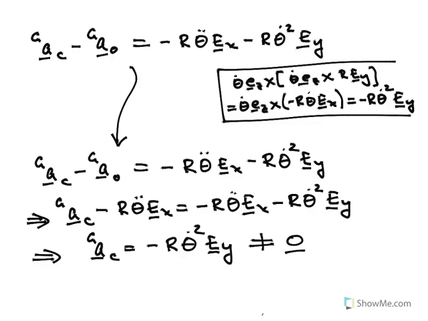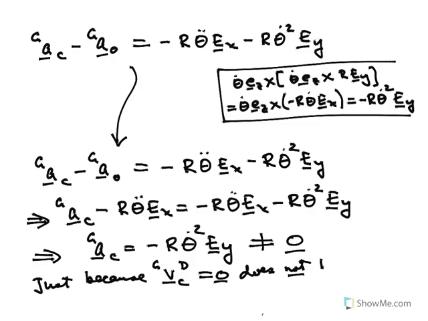So let's write that down. Just because the velocity of point C on the disk in the ground is equal to 0 does not mean that the acceleration of the point of contact on the disk is equal to 0. In this case, let's write this down on the next page.